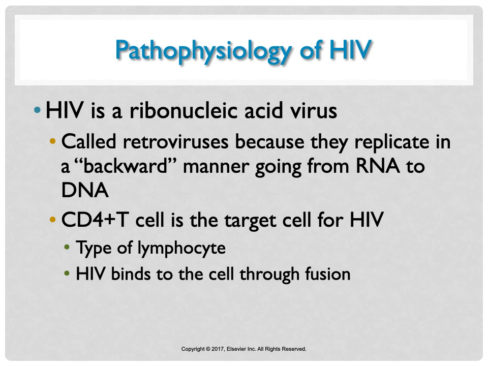So I am going to recommend that you make sure that you view that video. But the bottom line is HIV is a ribonucleic acid virus, and it's called a retrovirus because they replicate in a backwards manner, going from RNA to DNA.